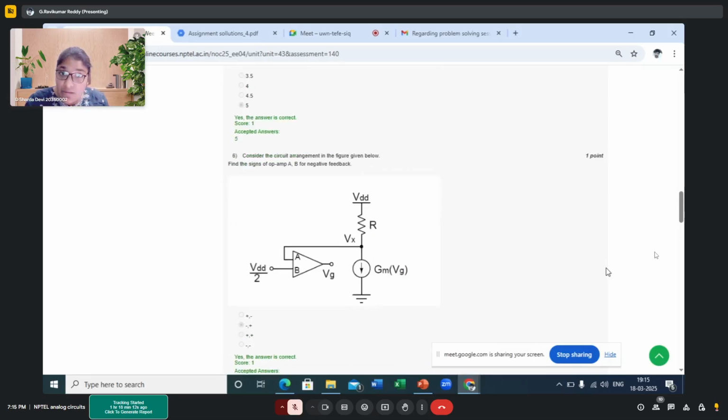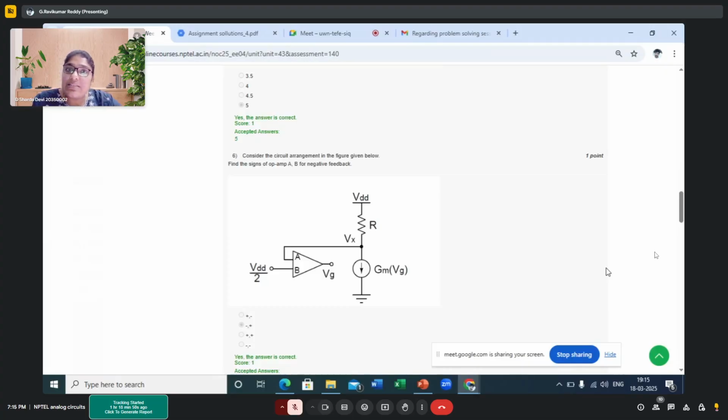A, B, here it is VDD by 2, and this is being fed through R. This is gm, this is gm VG. This is VDD. VG is here.